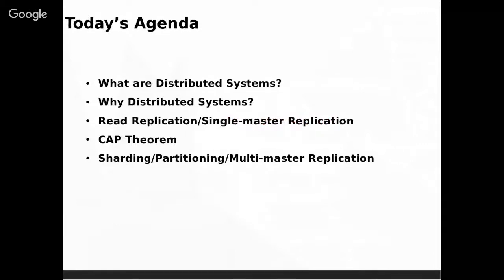So this is a list of today's agenda, the topics that we'll be discussing today. We will first try to understand what distributed systems are in simple terms. We will then try to understand the justification to go for them. This is the part where we will be spending most of our time today. The reason for this is that distributed systems are hard.